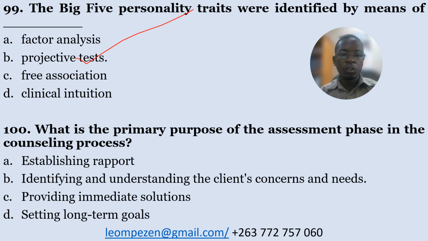Number 100, which is the final question. What is the primary purpose of the assessment phase in the counseling process? A. Establishing rapport. B. Identifying and understanding the client's concerns and needs. C. Providing immediate solutions.